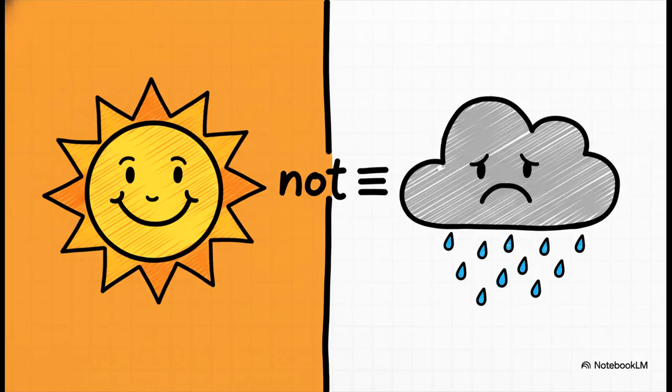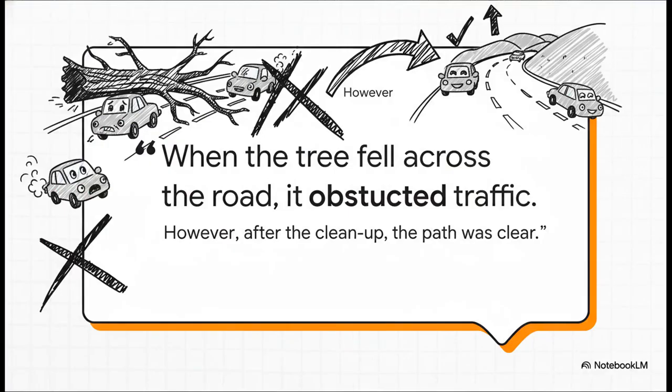Okay, for our final tool, we're going to flip things around a bit. It's called the contrast clue, and it's where the author helps you figure out what a word means by telling you what it's the opposite of. It's pretty clever. Okay, so look at this sentence. A tree fell and obstructed traffic. Then you see that magic word, however. That's our signal. An opposite idea is coming. The second part says the path was clear.